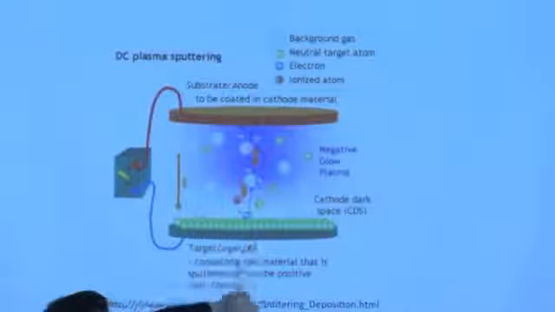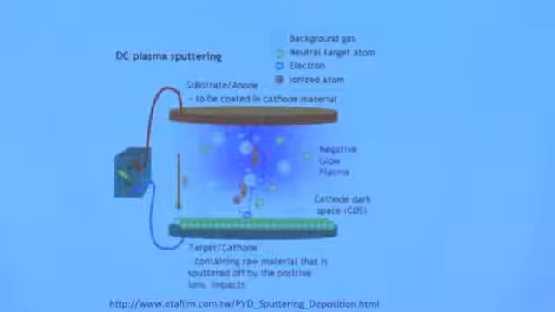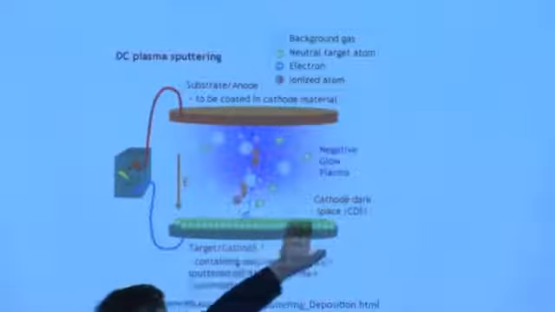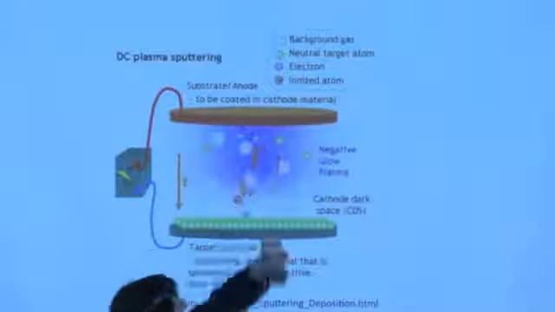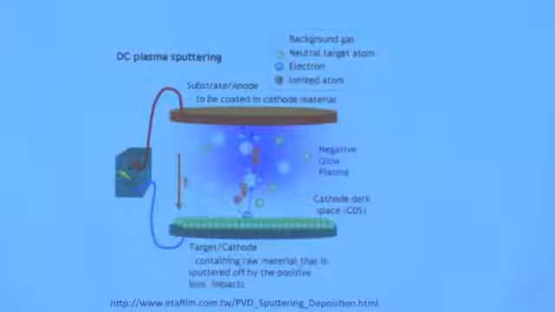These are accelerated toward your target, which is comprised of the elements that you want to deposit onto your substrate. Your substrate is sitting up top. And this target material is sputtered off and eventually makes its way up and sticks to and eventually grows the film on that orange platen up here at the top. That is your substrate. The substrate is facing down.